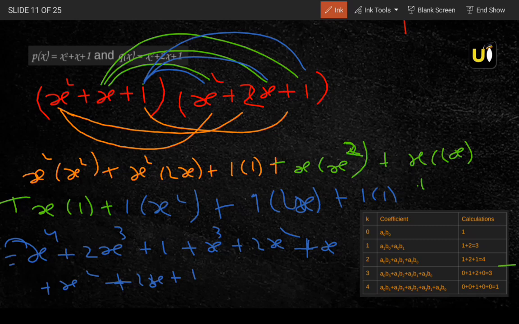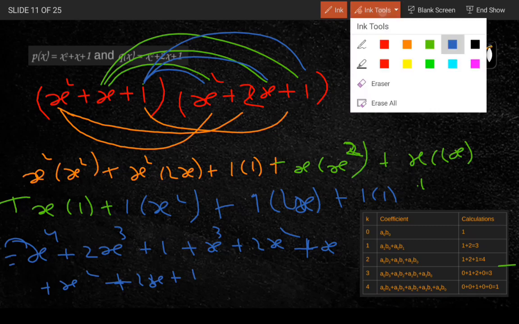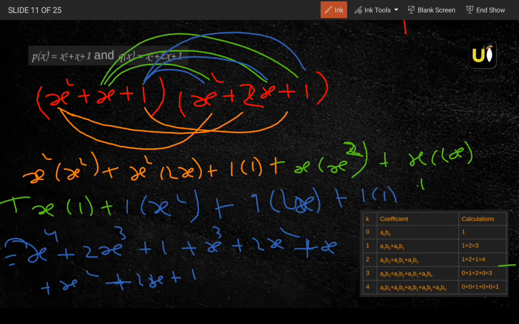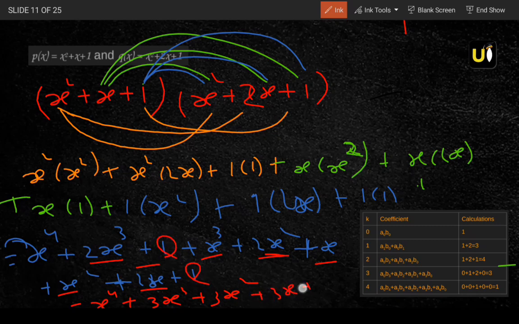Simplifying this further: x power 4, then 2x cube plus x cube is 3x cube, and 2x square and x square. Then x and 2x, 3x, plus 1. So this is the product of these two polynomials.